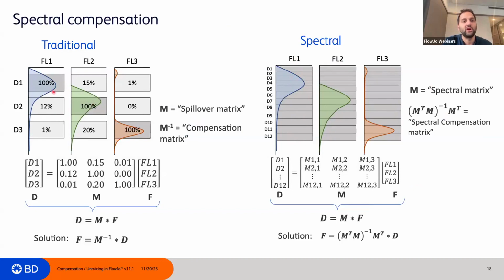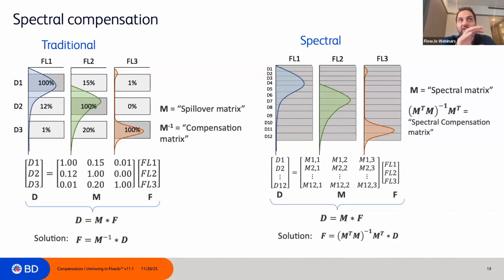Now, if on the left-hand side you had the traditional 8 detectors, and only 3 fluorochromes, and you leave all detectors open, so you just acquire additional channels automatically, then you would not use the traditional compensation anymore.